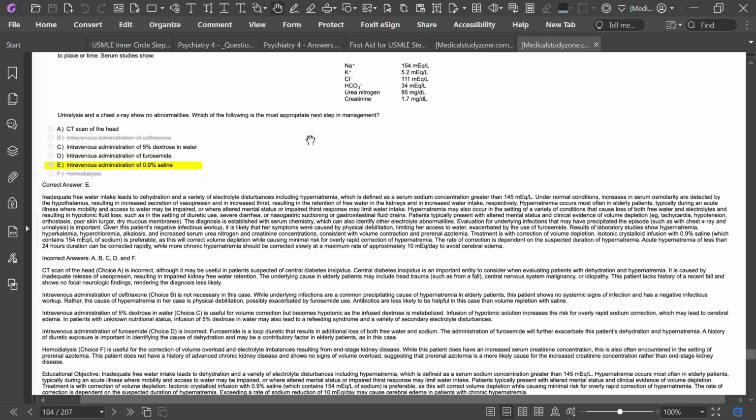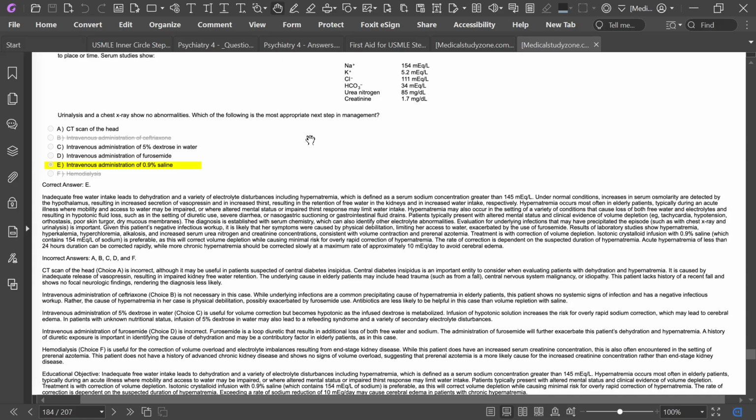Hypernatremia may also occur in the setting of a variety of conditions that cause loss of both free water and electrolytes, resulting in hypotonic fluid loss, such as in the setting of diuretic use, severe diarrhea or nasogastric suctioning, or gastrointestinal fluid drains. Patients typically present with altered mental status and clinical evidence of volume depletion: tachycardia, hypotension, orthostasis, poor skin turgor, dry mucous membranes.